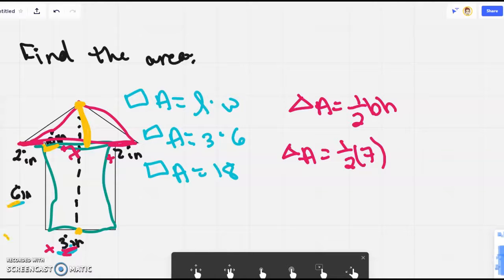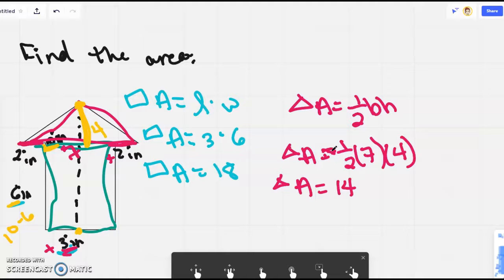You do 10 minus 6, and the whole height for the triangle is just 4. So what is 1/2 times 7 times 4? 1/2 times 7 times 4 gives us 14.